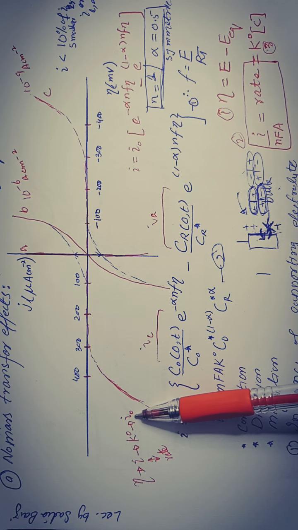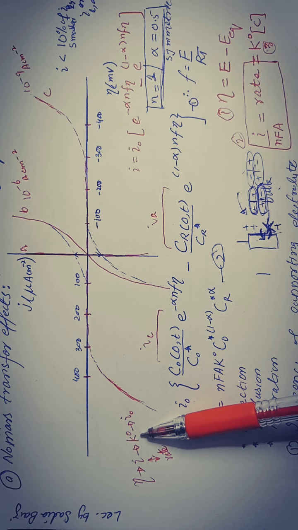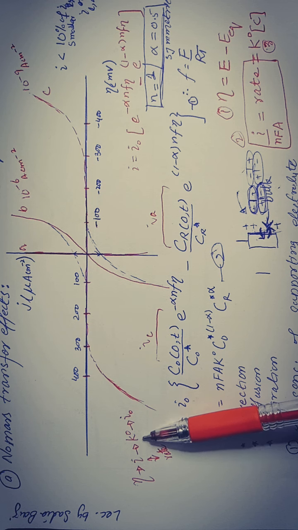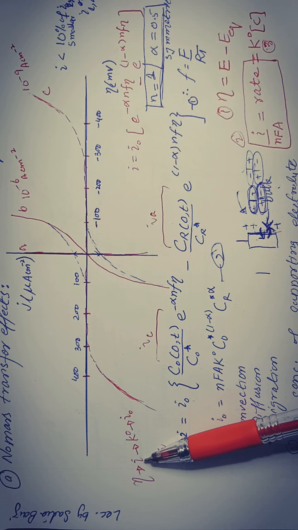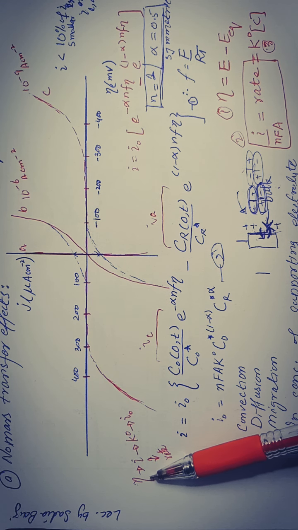So for very large exchange current, the rate constant value is higher, generating the higher current that depicts the higher rate of heterogeneous charge transfer, and will require a lower value of over potential activation energy.